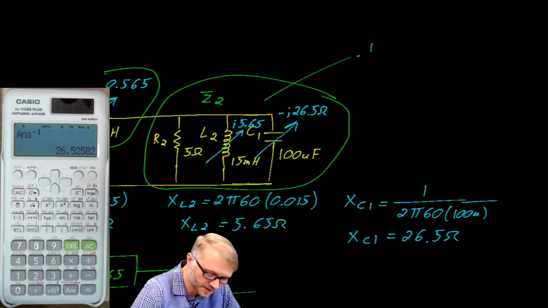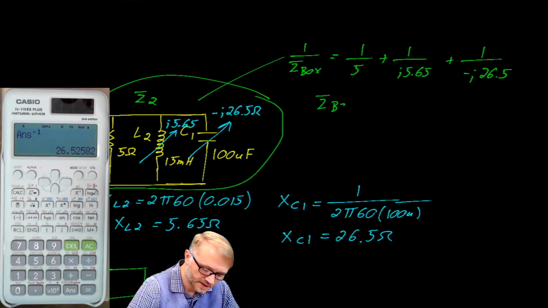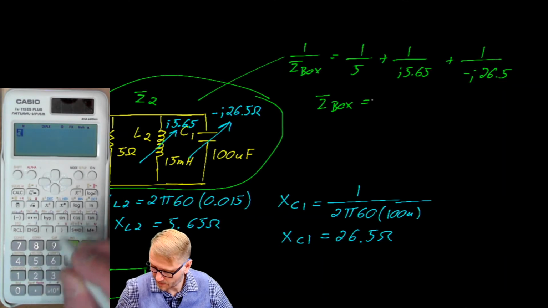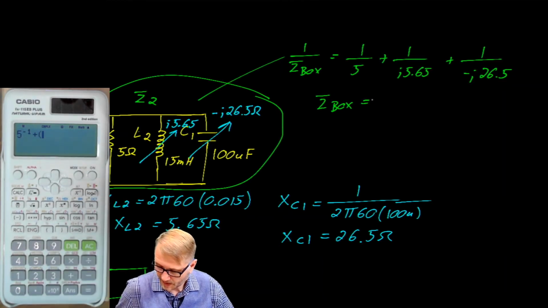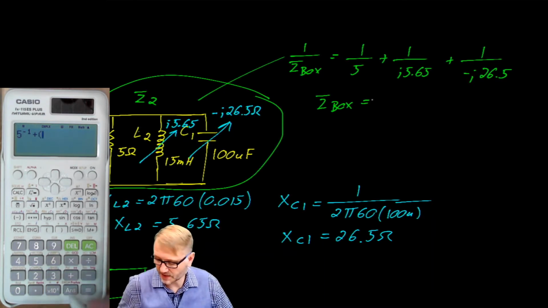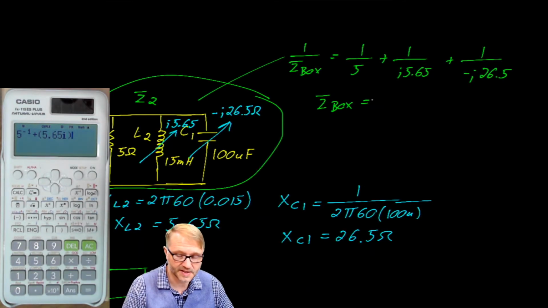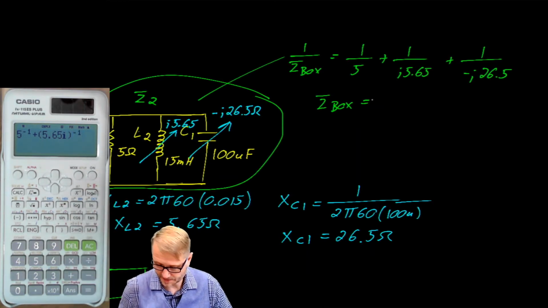So 1 over the impedance of the box is equal to 1 over 5 plus 1 over j5.65 plus 1 over negative j26.5. So the impedance of the box is equal to 5 invert plus, did I mention you need to use the parentheses with this calculator? So make sure you put the entire piece here, 5.65j, inside the parentheses, and then invert it.